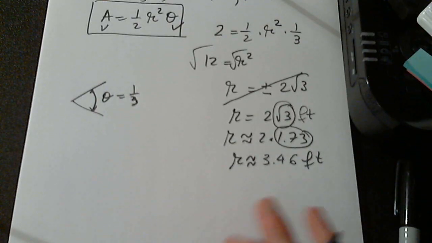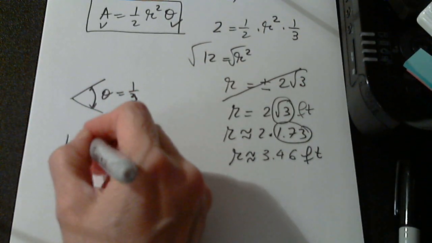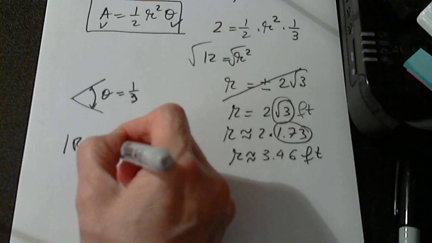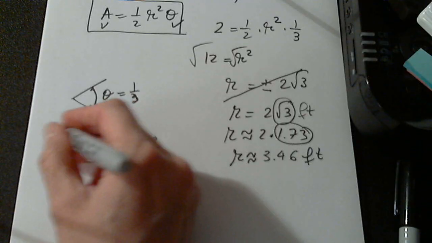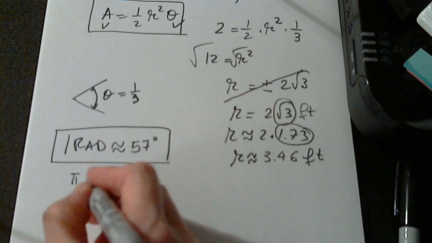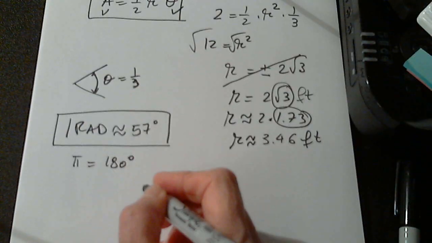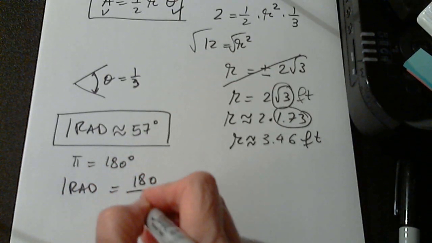Now, one of the things that I would like you to remember is that 1 radian is approximately 57 degrees. How do I know? Okay, from here. Pi equals 180 degrees. 1 radian equals 180 over pi.